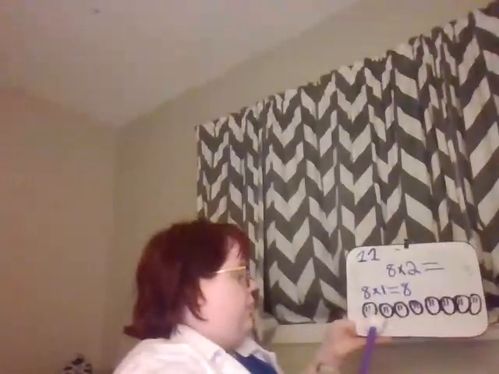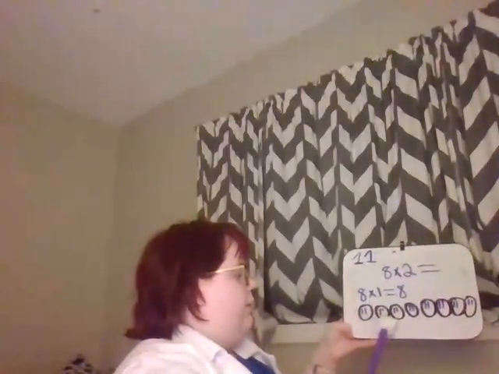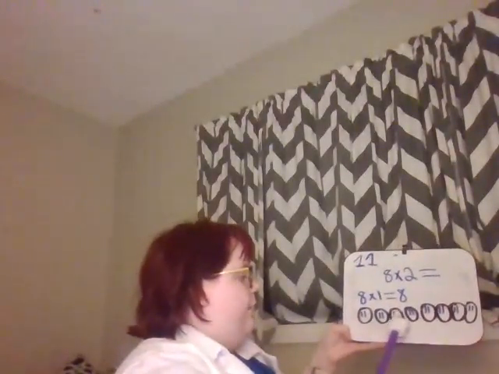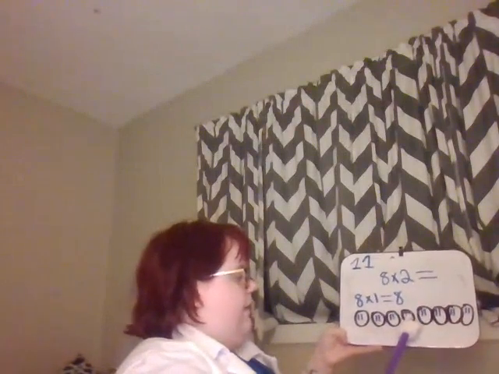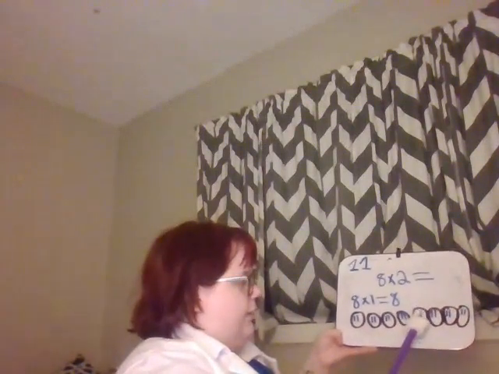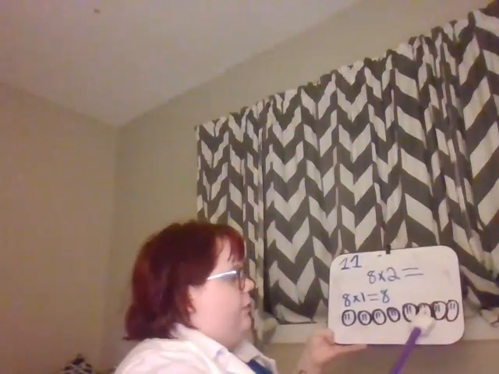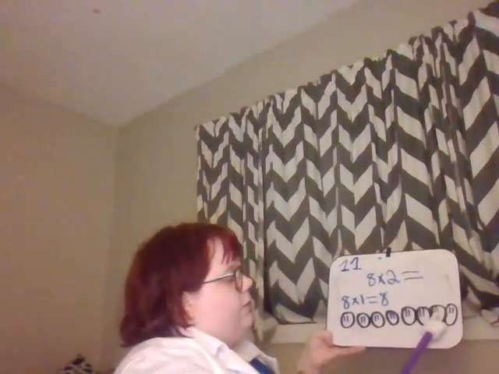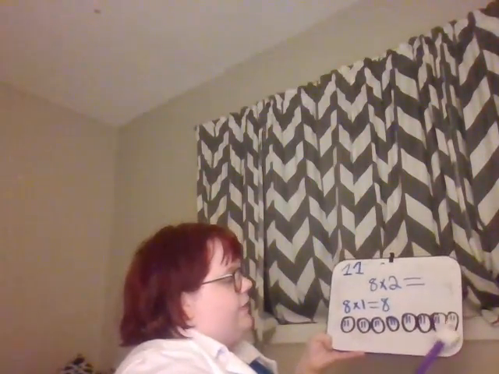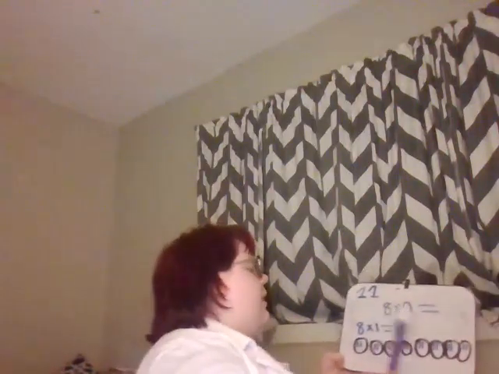Now that we've done our 2 in each circle, let's count. 1, 2, 3, 4, 5, 6, 7, 8, 9, 10, 11, 12, 13, 14, 15, 16. So what does 8 times 2 equal? 8 times 2 equals 16.